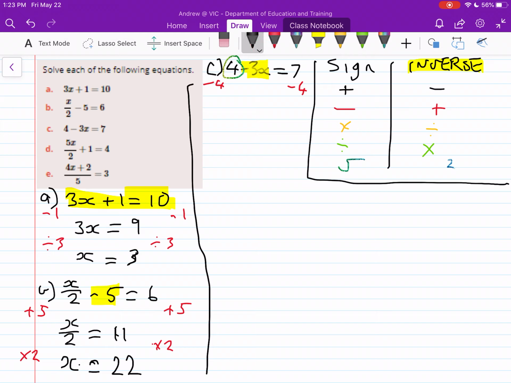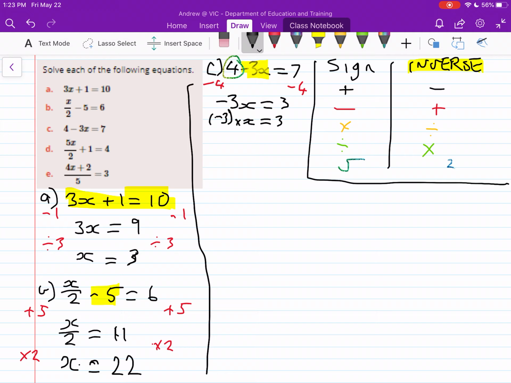So this leaves negative 3x. A lot of people do forget to leave that negative there, so just make sure that you're doing that. 7 minus 4 is equal to 3. So we've got negative 3x is equal to 3. This is just like saying negative 3 times x is equal to 3. So how do we get rid of negative 3 times x?